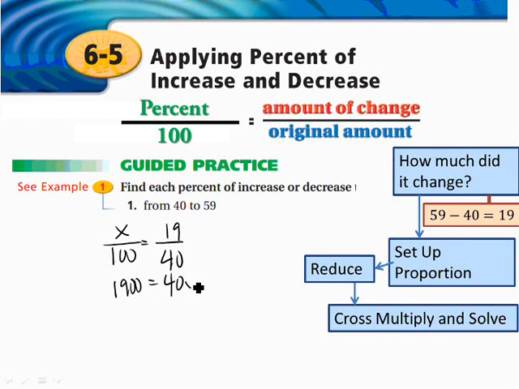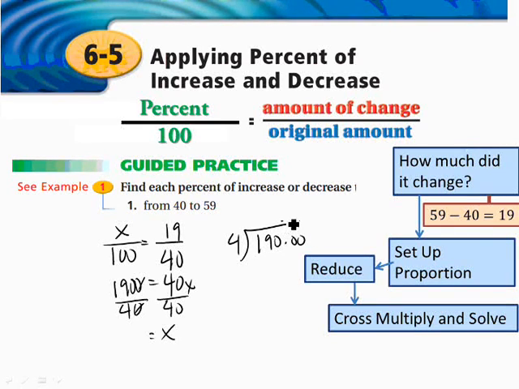1900 equals 40x. Solve, divide both sides by 40, and x equals, well, that's not exactly a slice of rhubarb pie. Let's see. I can take off the zeros, reducing it by 10. I've got 190 divided by 4. I'll go ahead and do it longhand here so you can check your work.